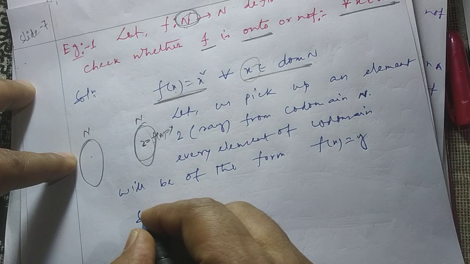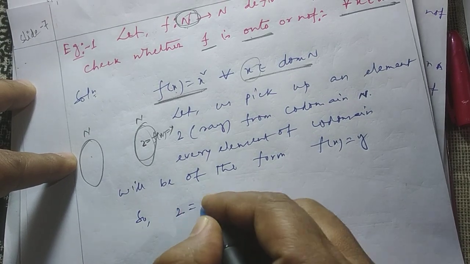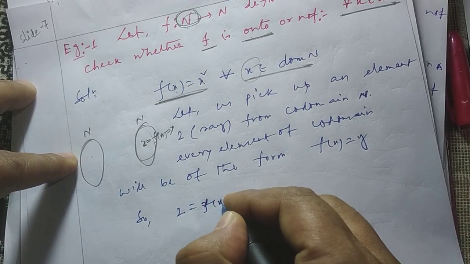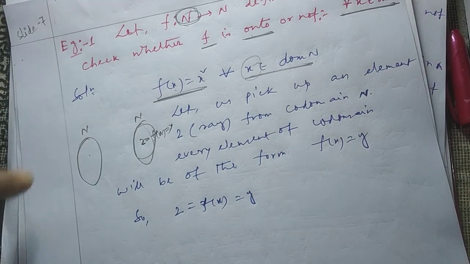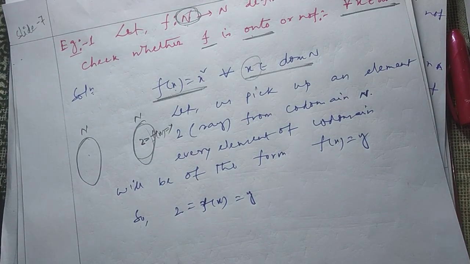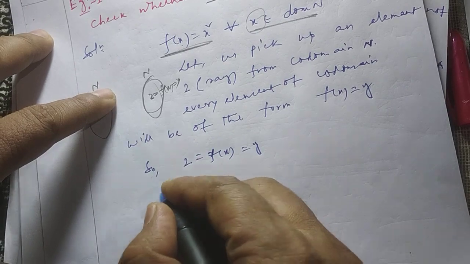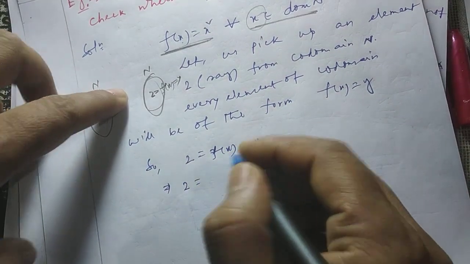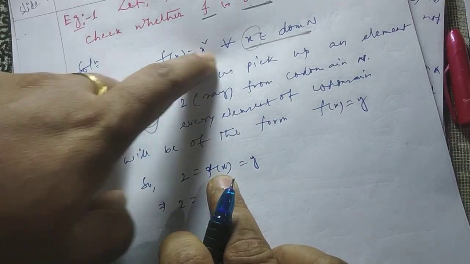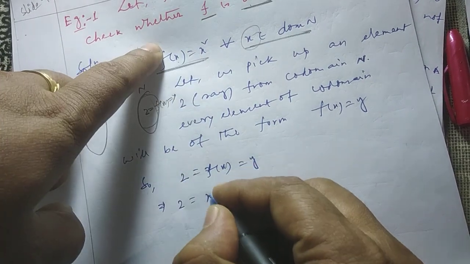So simply we can say 2 is equal to f(x) or y. Can you see or not? Now it becomes, and what was the f(x) here? x square, right? y.